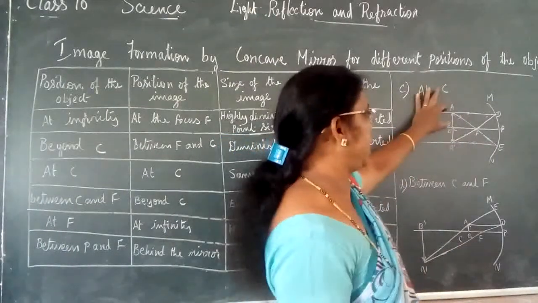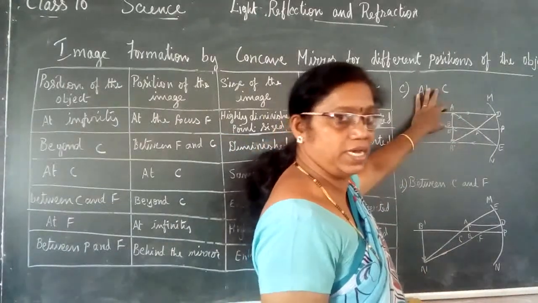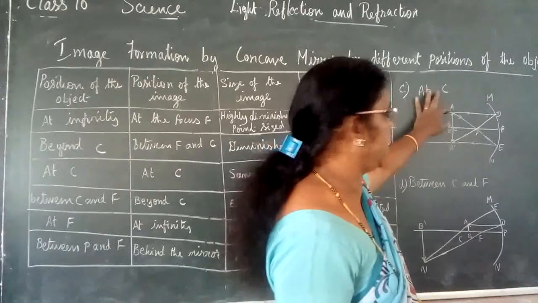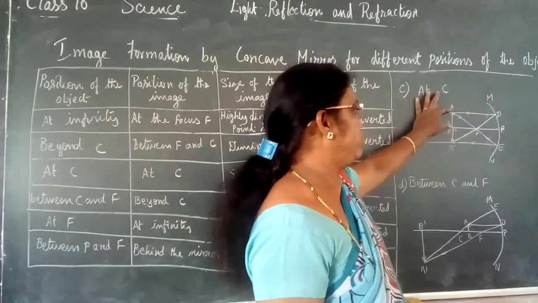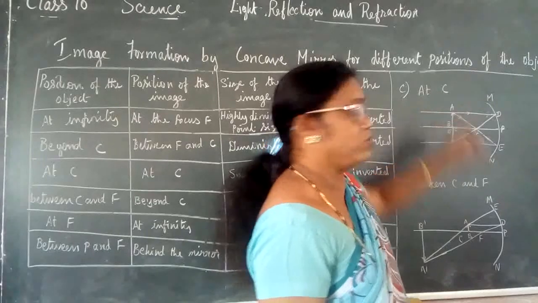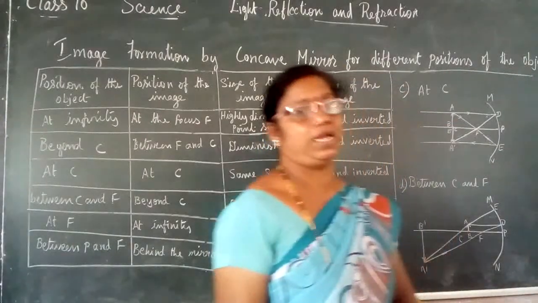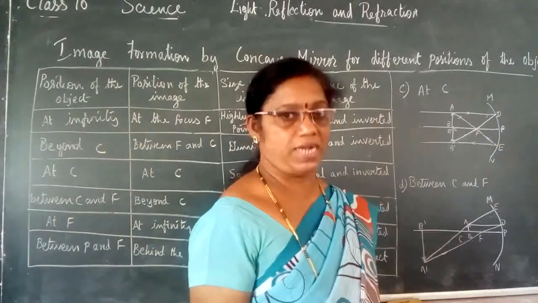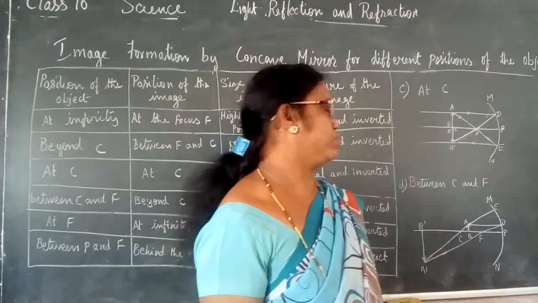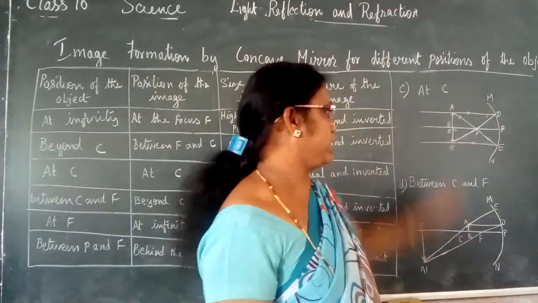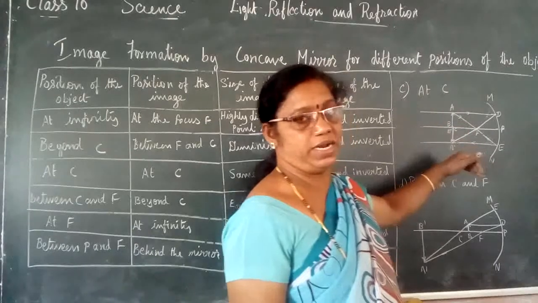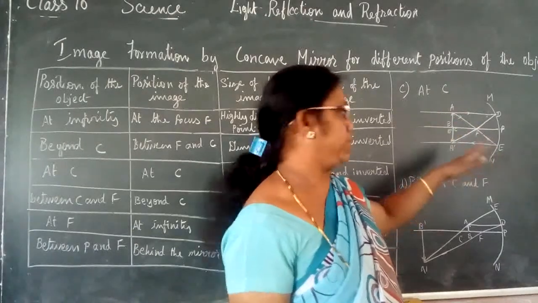And what about the size of the object? The size of the image is the same as the size of the object kept. So we can come to the conclusion that when the object is placed at C, the image is formed in the same place, but it is inverted. At C itself we get the image.